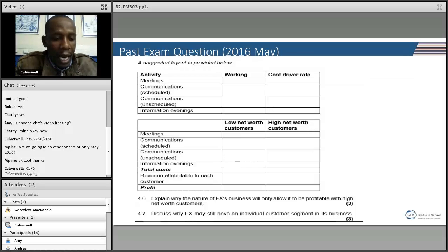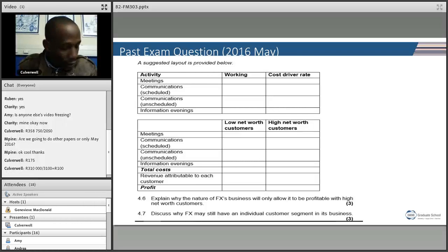The entire company incurred 310,000 divided by the number of communications that were scheduled, which are 3,100. You're going to get yourself a cost driver rate of 100 rand.